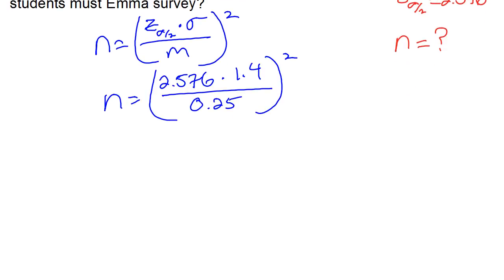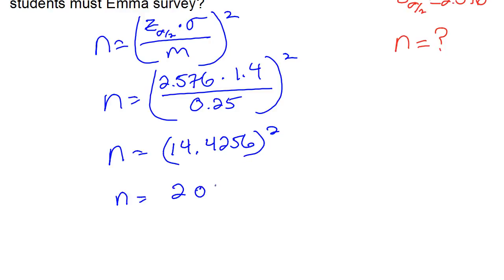And my suggestion is to go ahead and do this multiplication and division, get that answer, and square it last. So 2.576 times 1.4 divided by 0.25 is going to be 14.4256.